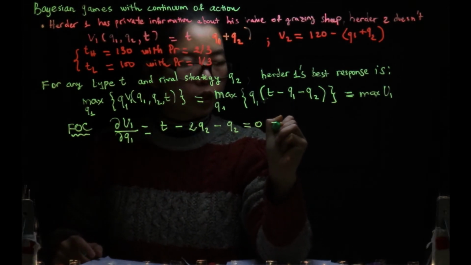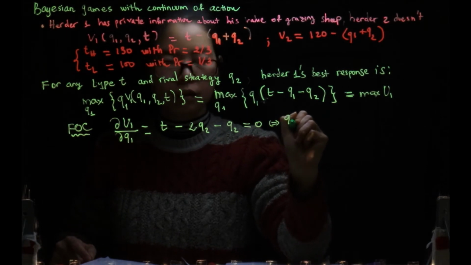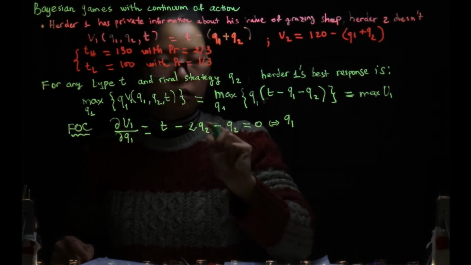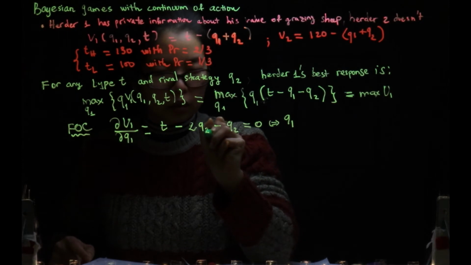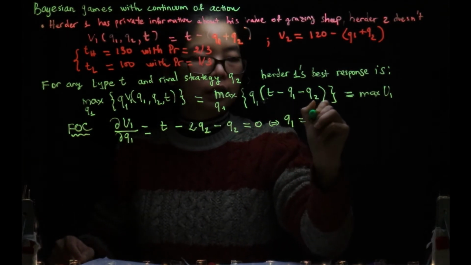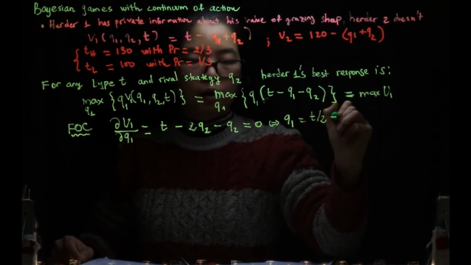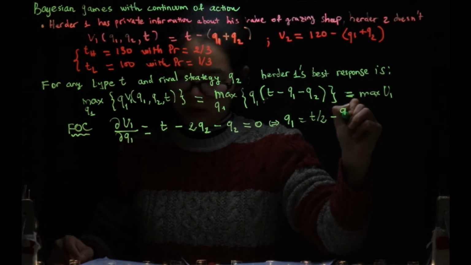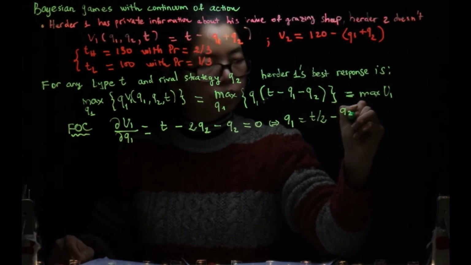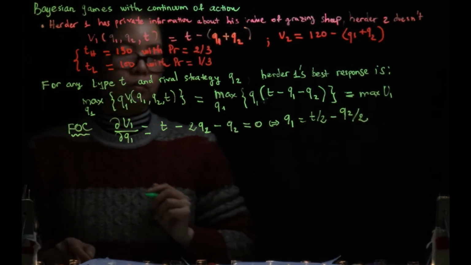We can then rearrange to solve for q1. Sorry, this is 1, not 2. q1 equals t divided by 2 minus q2 divided by 2.